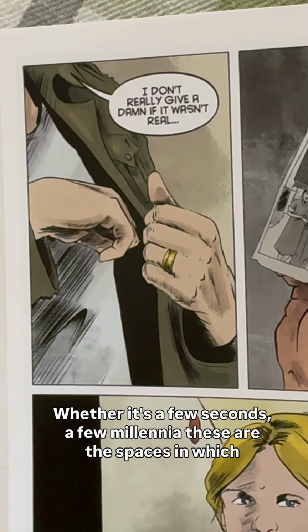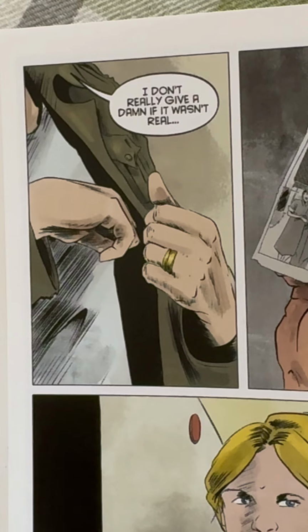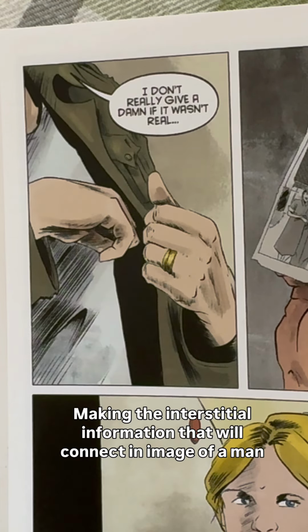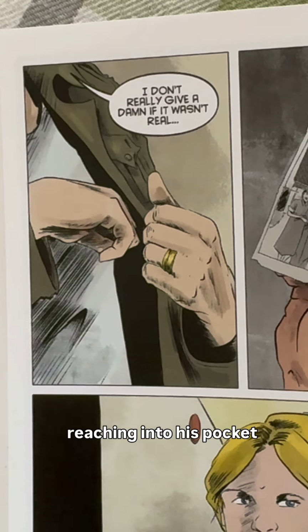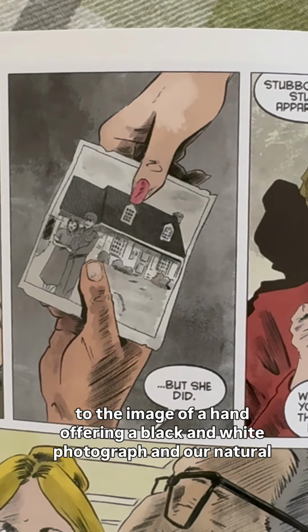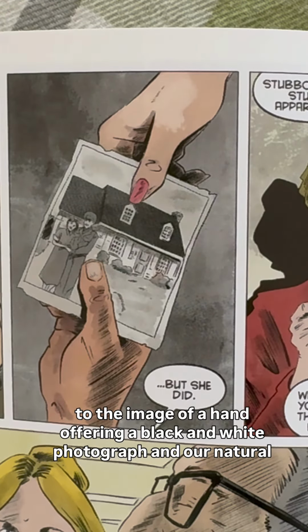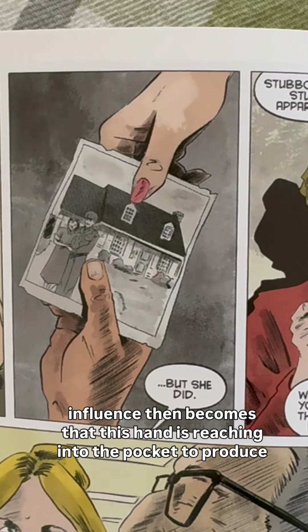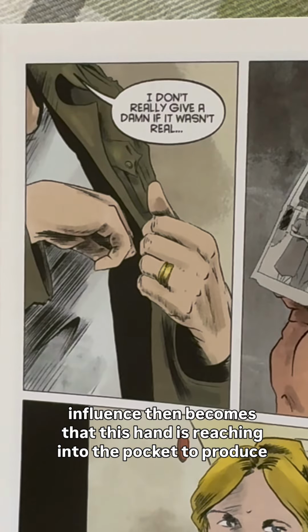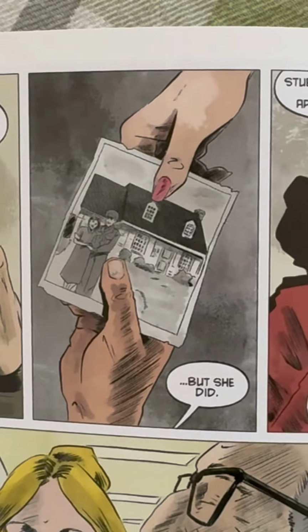Whether it's a few seconds, a few millennia, these are the spaces in which our minds are cognitively making the interstitial information that will connect an image of a man reaching into his pocket to the image of a hand offering a black and white photograph. And our natural inference then becomes that this hand is reaching into the pocket to produce said photograph.